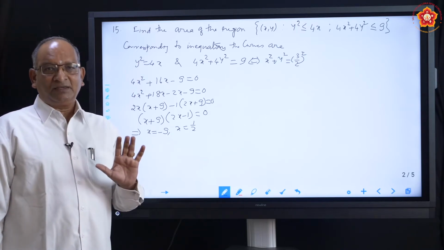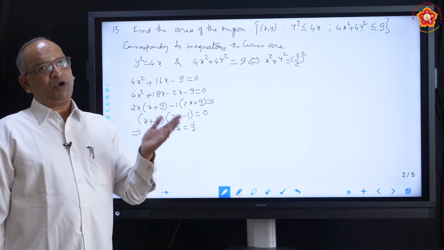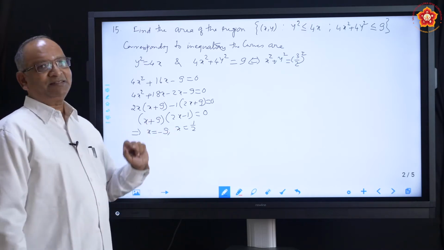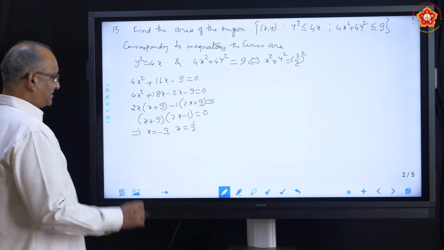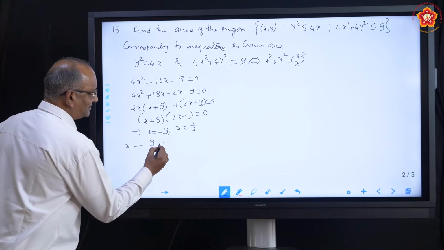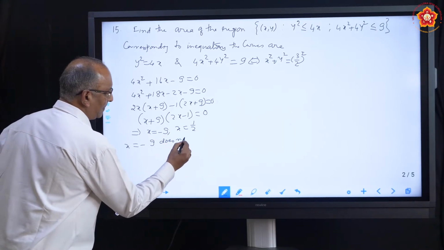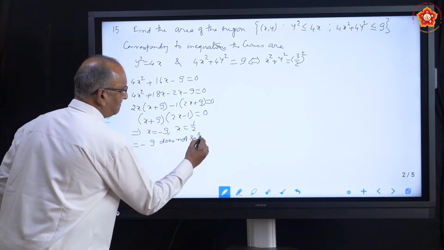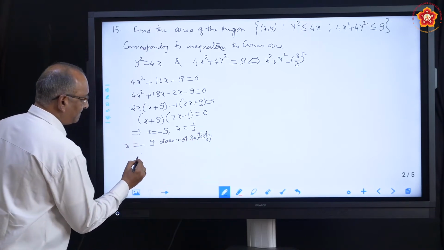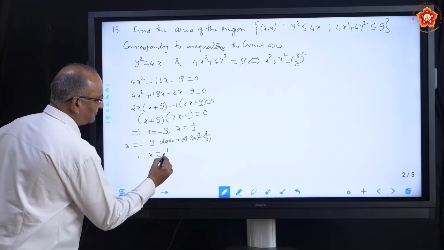And we know that square of y cannot be negative. So this value is rejected, only this value is accepted. x equal to minus 9 does not satisfy. Hence, x is equal to half.